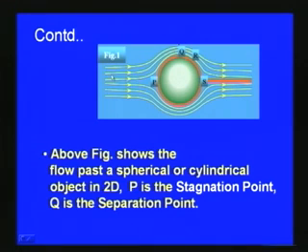If you plot the boundary layer, about this location Q the boundary layer separation starts. So, this is the separation point, and between the two separating streamlines a wake will be formed. In this figure, P is the stagnation point, Q is the separation point, and S is located in the wake, for flow over a sphere or a cylindrical object in 2 dimensions.